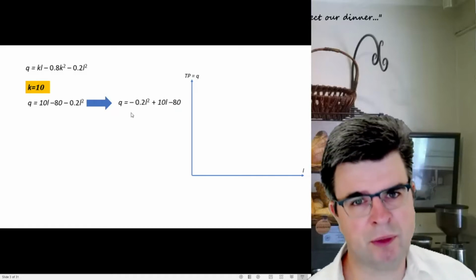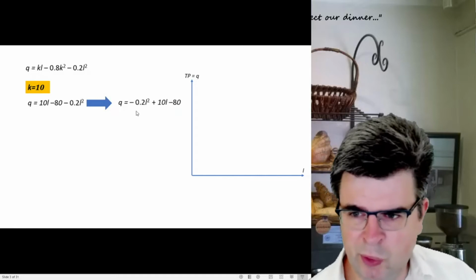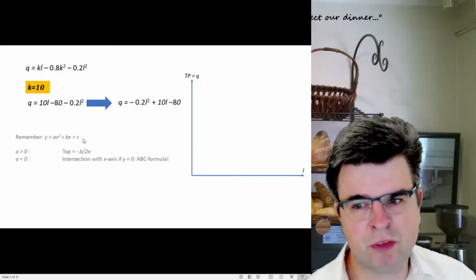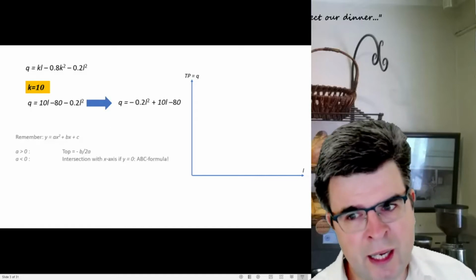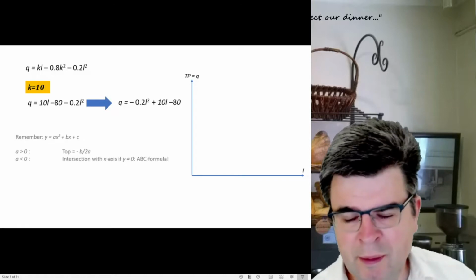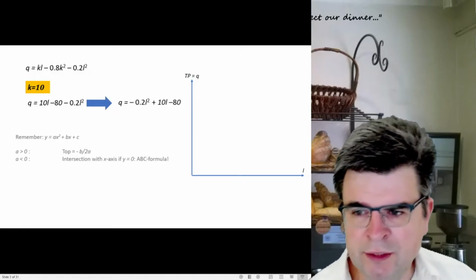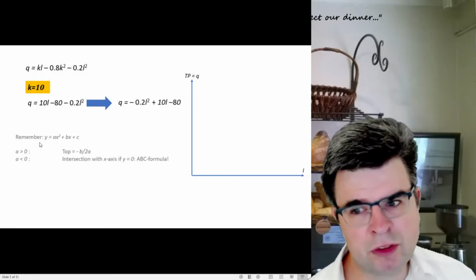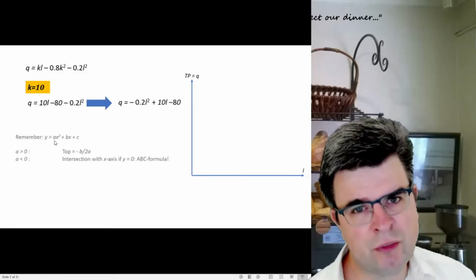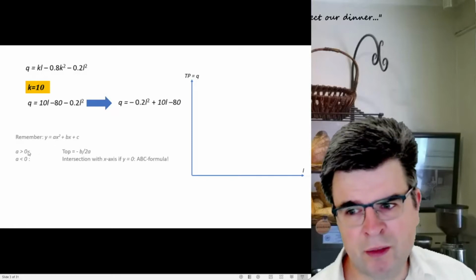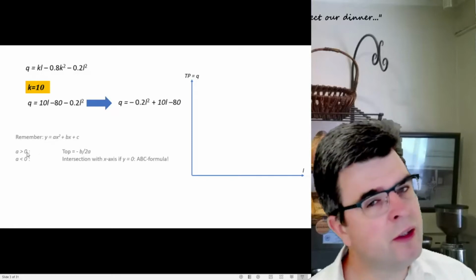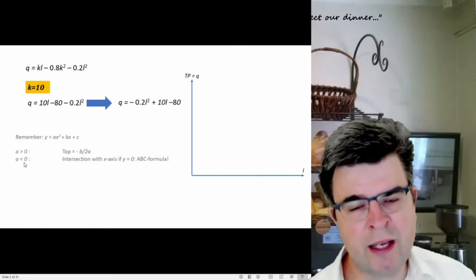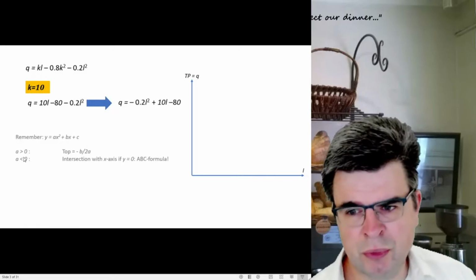And this is very similar to what you learned in Math 1, because it's an expression of the form y is ax squared plus bx plus c. And what you know is that for a being positive, the coefficient in front of the quadratic term, if it's positive, then you have a U-shaped curve, and if a is negative, then you have an inverted U-shape.